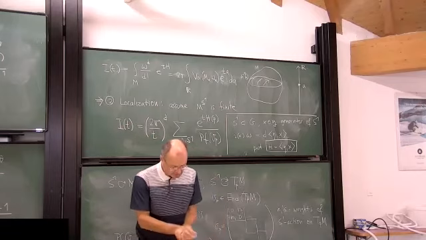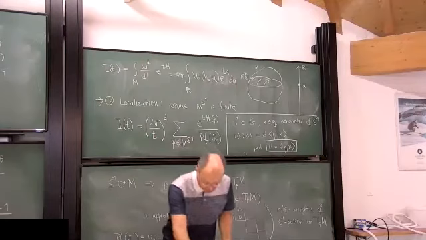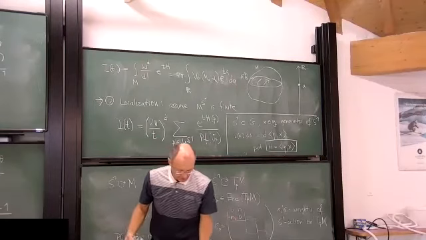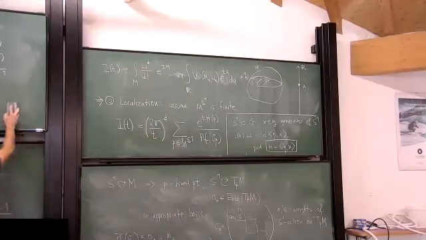So let me use the last 5 minutes just to check how it works in the case of a two-sphere and in the case of the orbit O minus R.